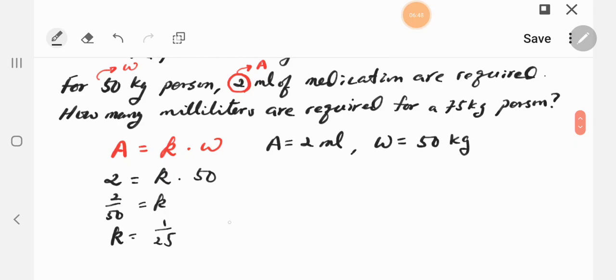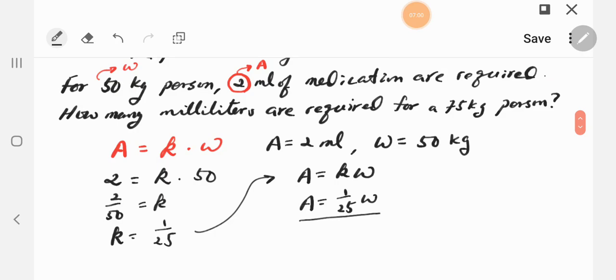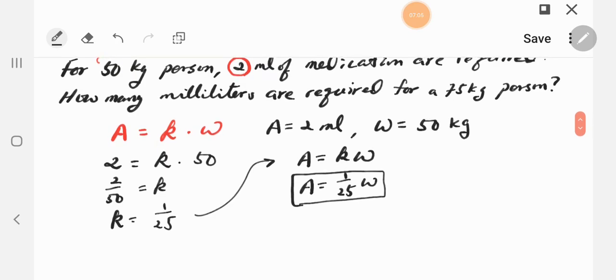So we have an equation. A is equal to kW. So A is equal to 1 over 25 W. So this is the direct variation equation. Now let's answer the question. How many milliliters?